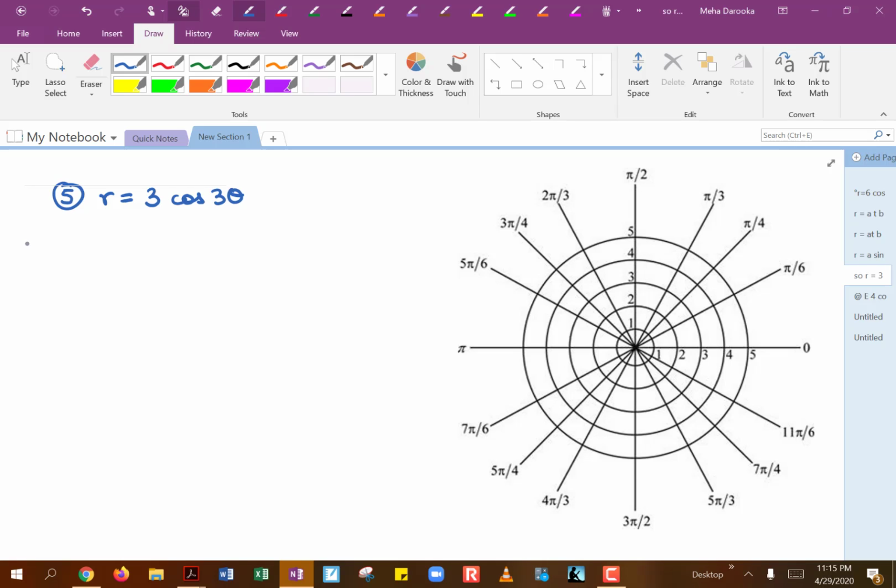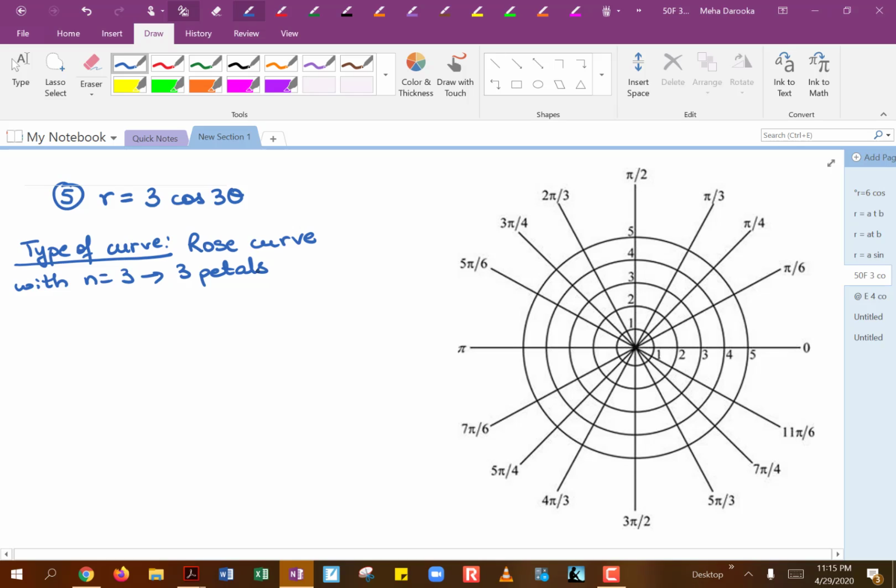So the type of our curve is going to be a rose curve with our n value equals 3. So that tells us we will have 3 petals in our curve.